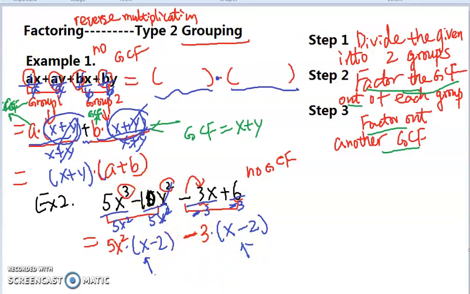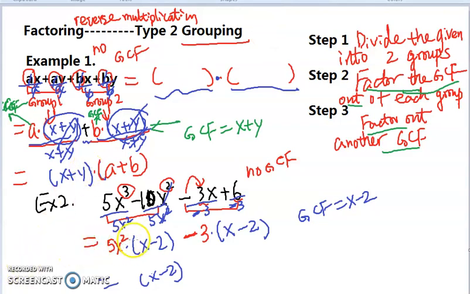So we are able to continue the third step to factor out another GCF. There's another GCF from here, which is x minus 2. So let's factor out this x minus 2. Again, we do division. When you divide, pretty much you just cross out whatever you have.